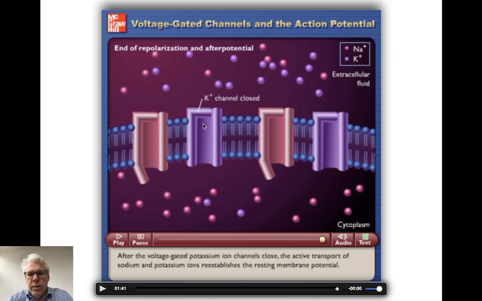It is slightly open, the permeability is finite. If that were not the case, then we would not be able to generate a membrane potential initially. Please note that this door essentially is slightly open, and of the sodium channel it is essentially completely closed.